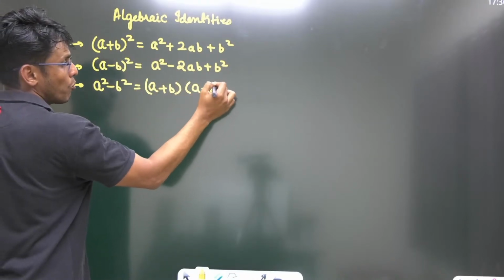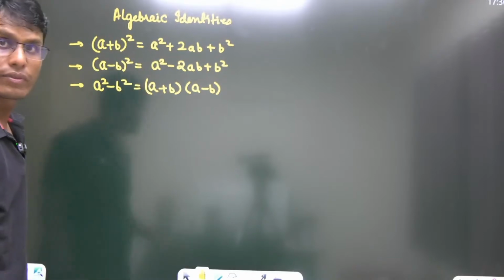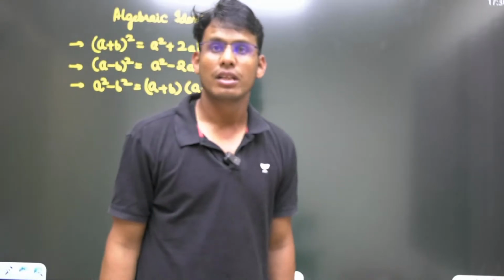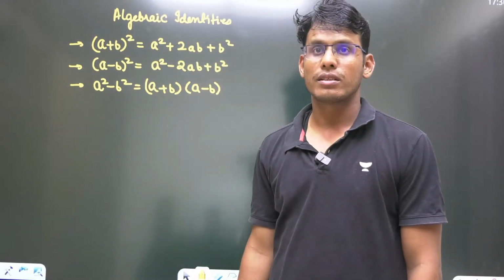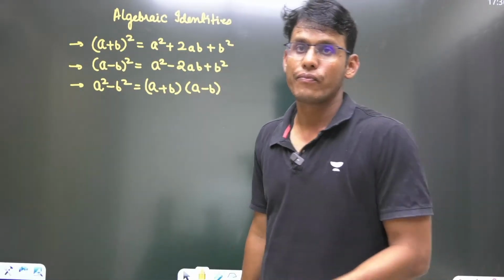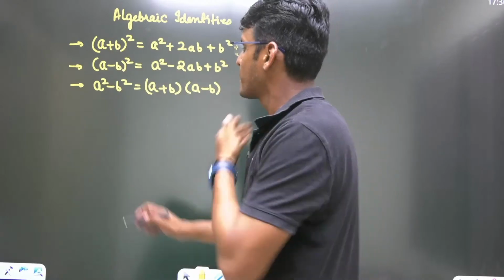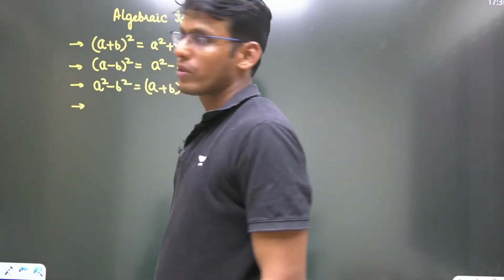I am writing the most important algebraic identities. I don't know why it's blurring like this. It never used to be like this. Anyway, we'll have to adjust to this lecture. A square minus b square.